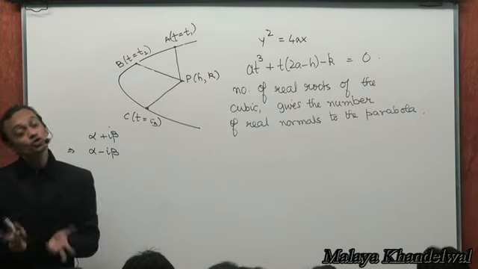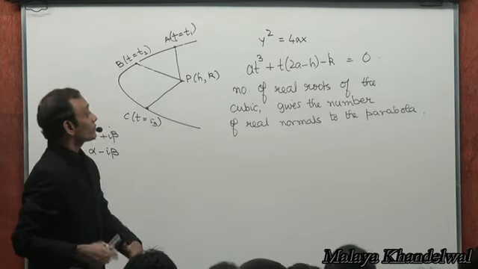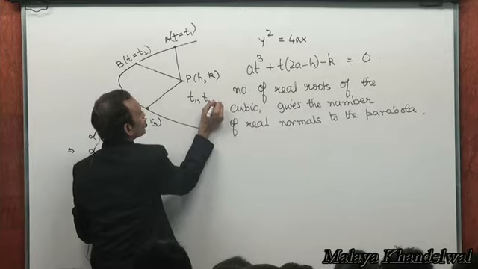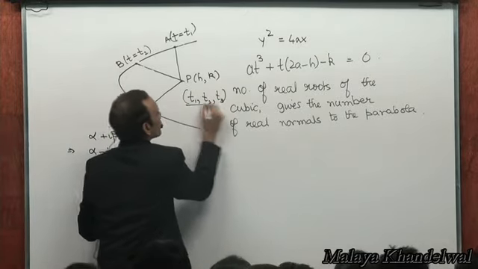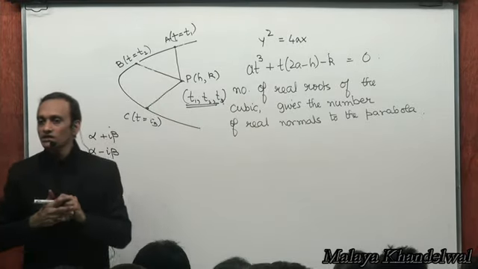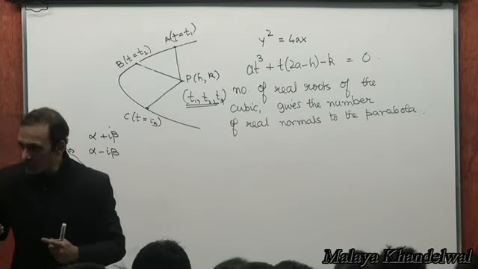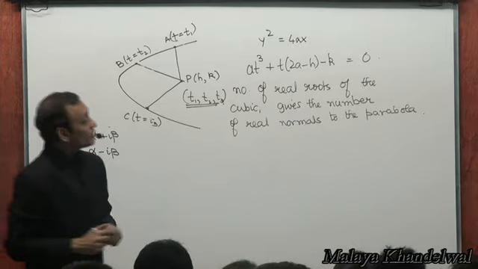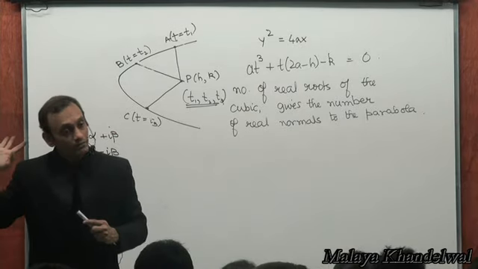So t1, t2, t3 are the roots of this, and the number of real t's will be the number of real normals, right? Now, it's possible that all the three t's are real.